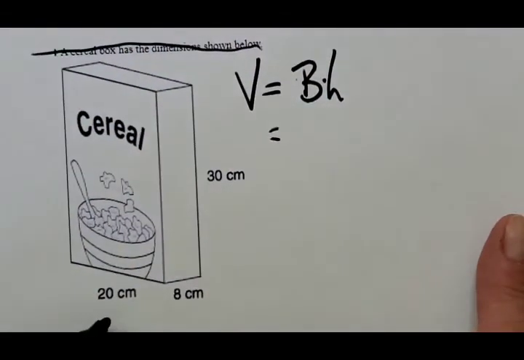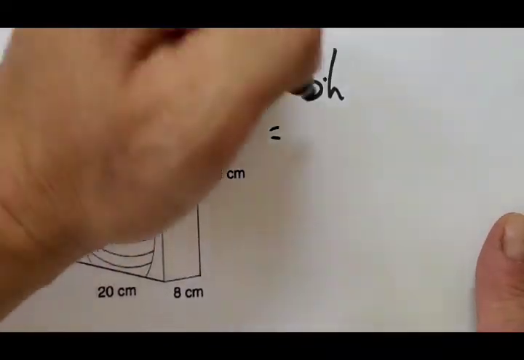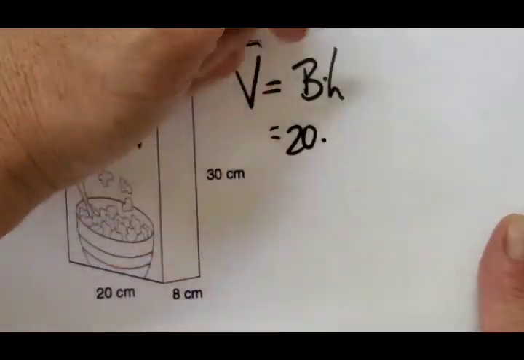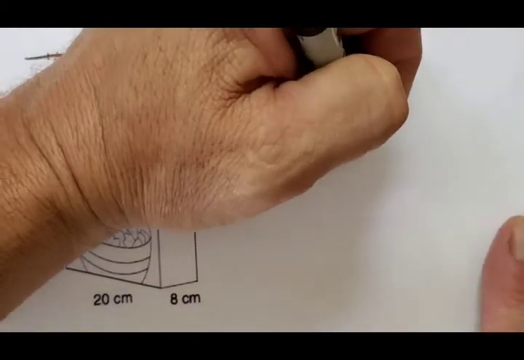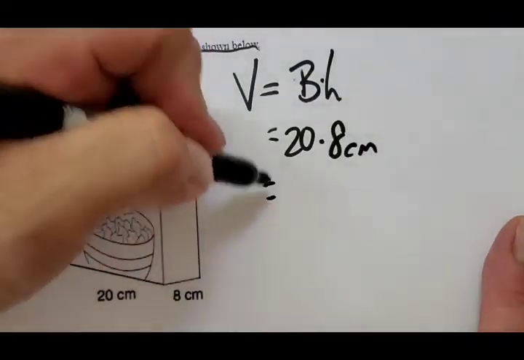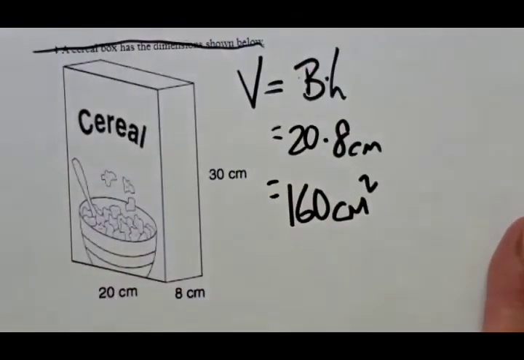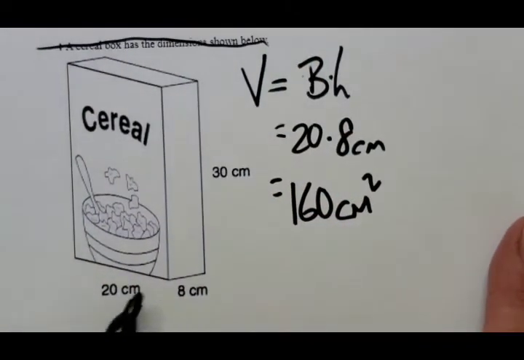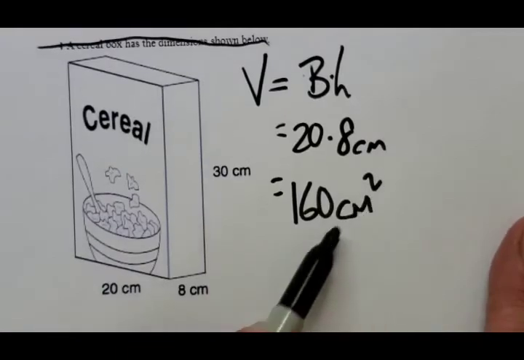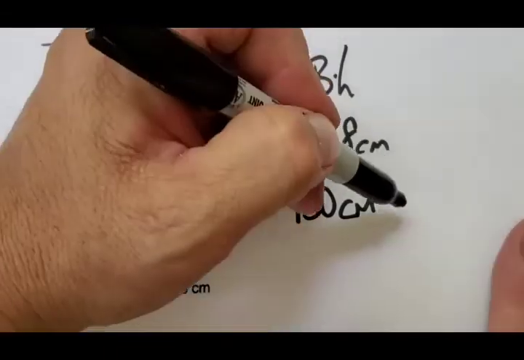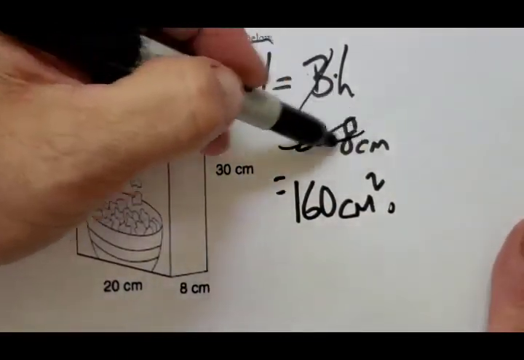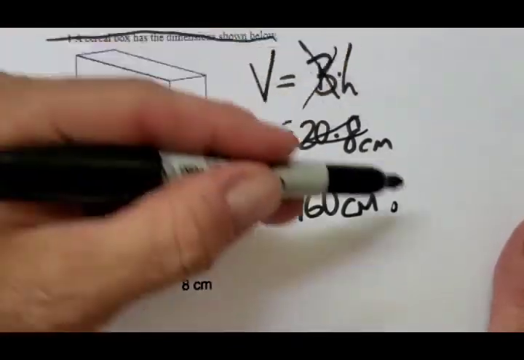So let's do that. The base area is going to be 20 centimeters times 8 centimeters. That's going to give us the base area. Okay. So the base area is 160 centimeters squared. And then we're going to multiply it by the height.